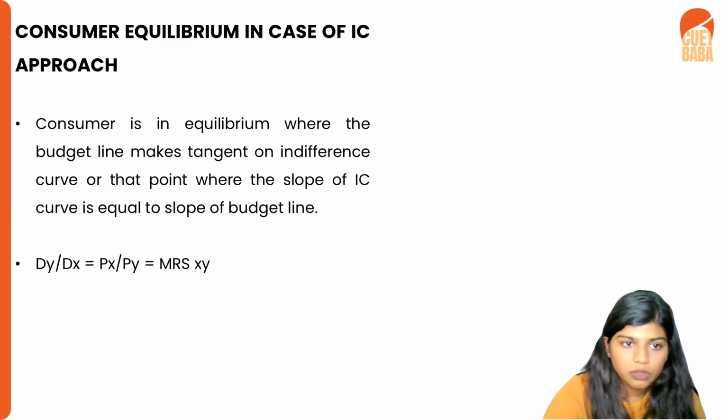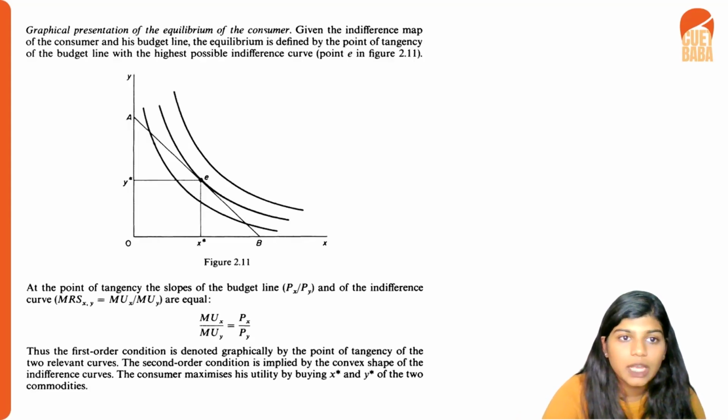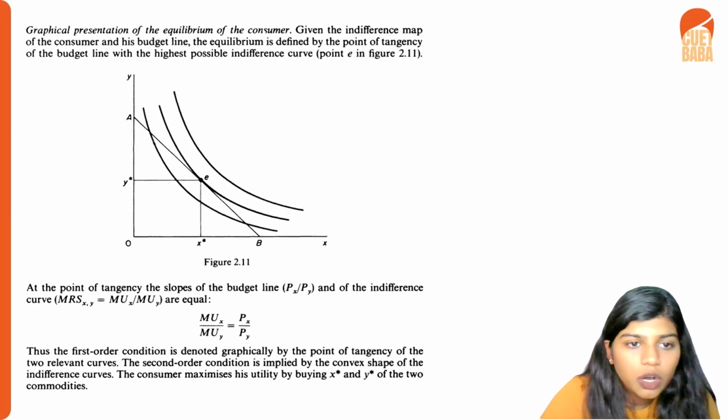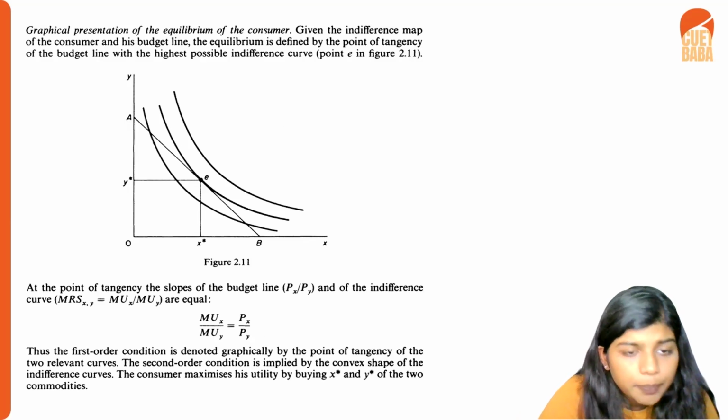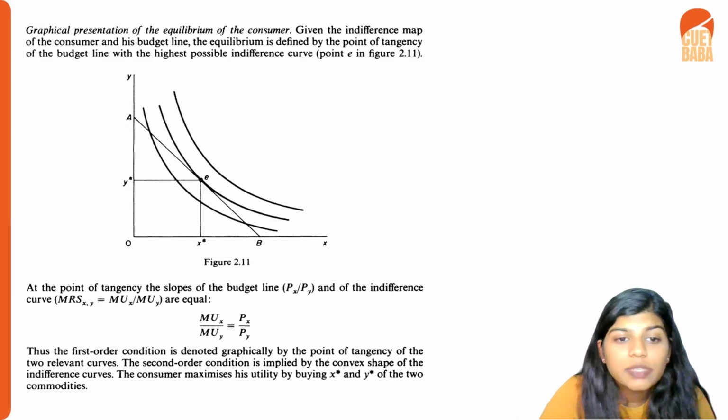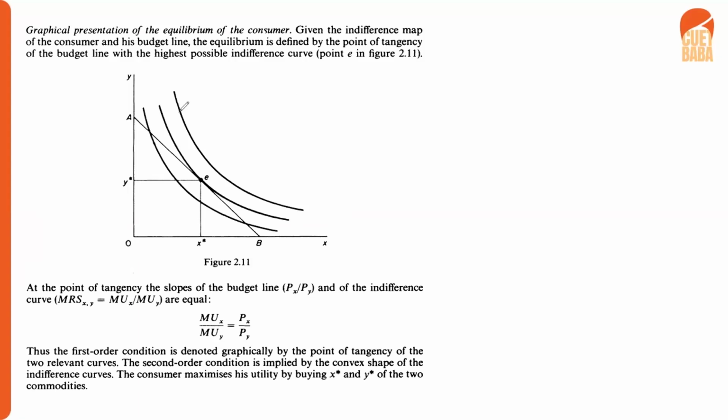Then we can also show the indifference curve as well as the budget line. Here we can estimate that the points A and B show the budget line. We can mark this as IC1, this being IC2, and this will be IC3. So we can normally say that IC3 would give the maximum level of satisfaction, right?